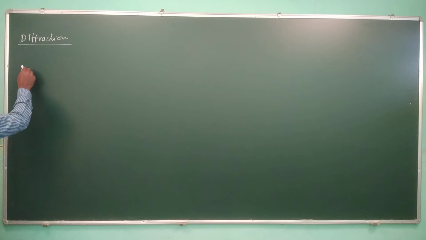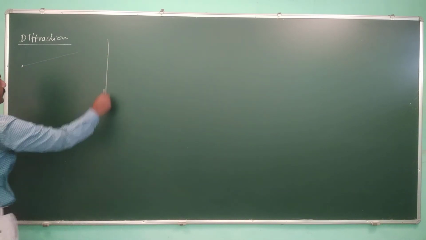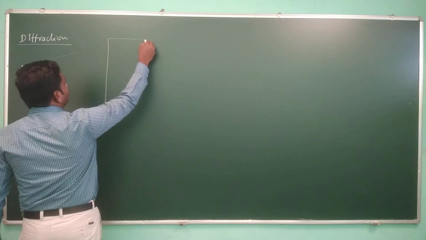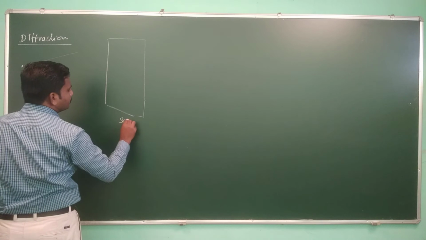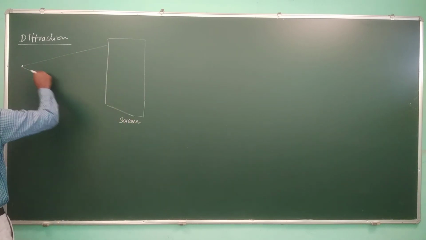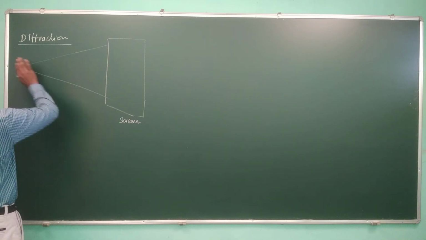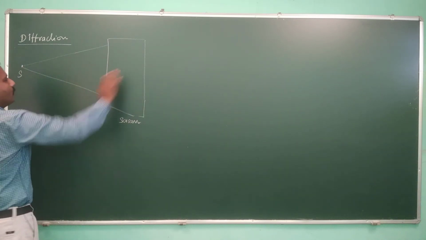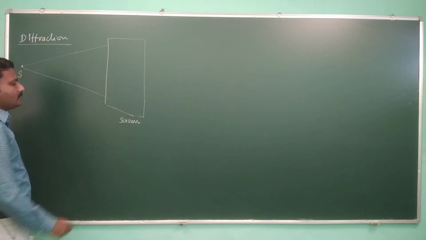If this light source is illuminated and we place a screen here, so this is the screen. If there are no obstacles between the light source and the screen, all the light coming from this light source will fall on the screen. So the screen will be illuminated clearly. Assume that it is a white screen.